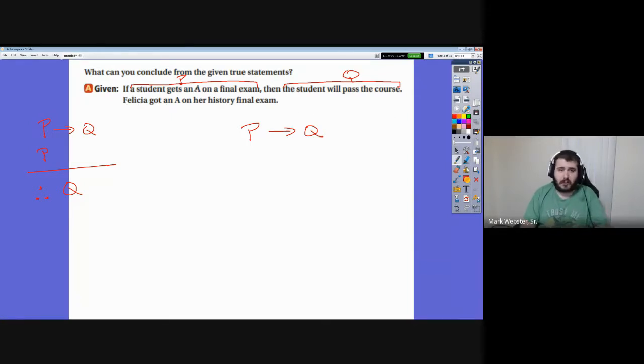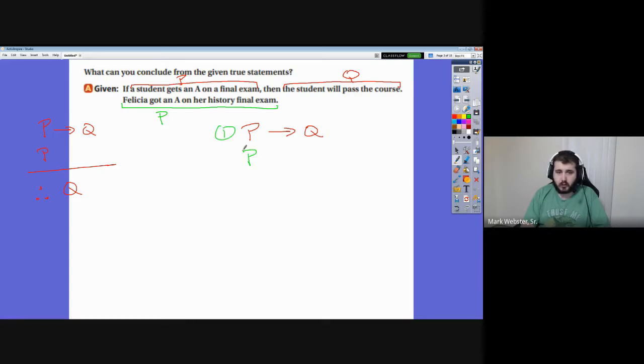We're not just talking about a student in general, we're talking specifically about a student whose name is Felicia, and we're not talking generally about a final exam. We're specifically talking about the history exam that she took, but this is still an example of a student getting an A on a final exam. So this here is of the form P, right?